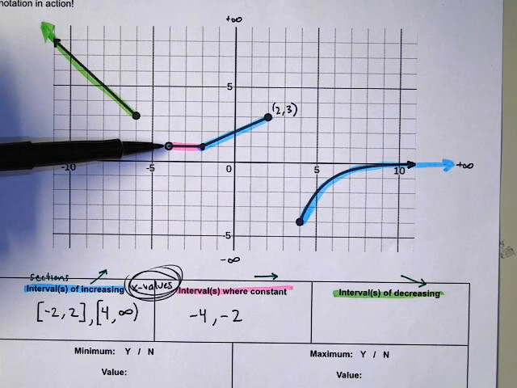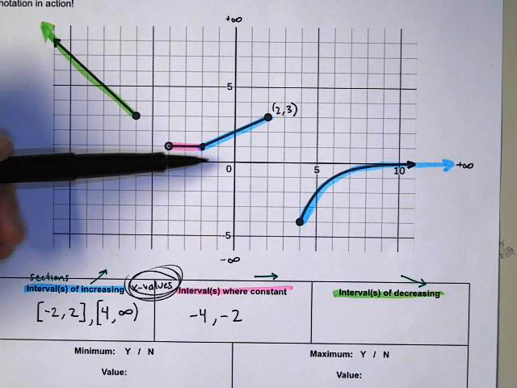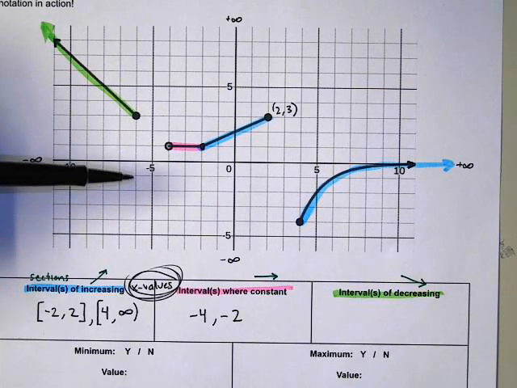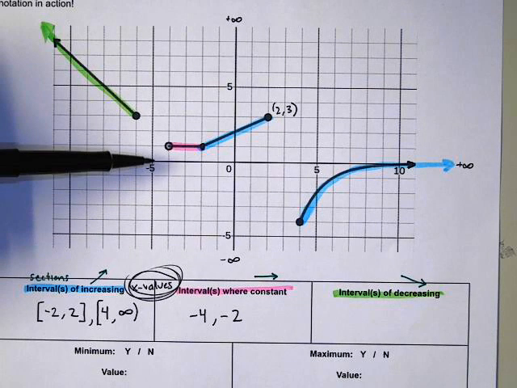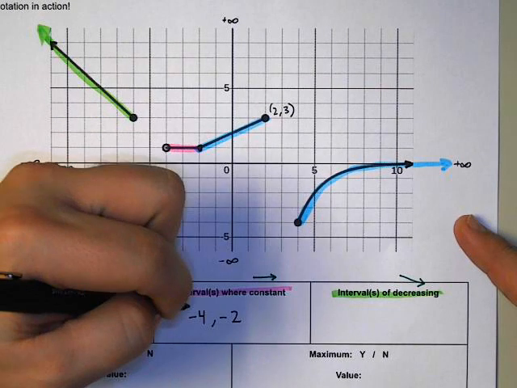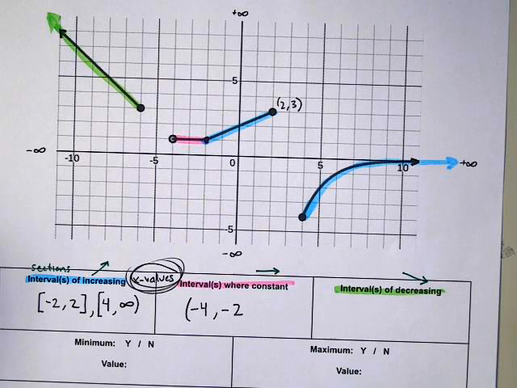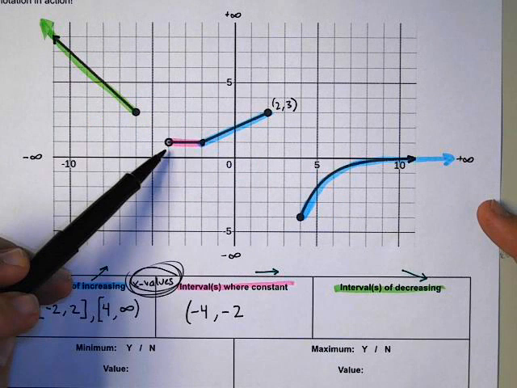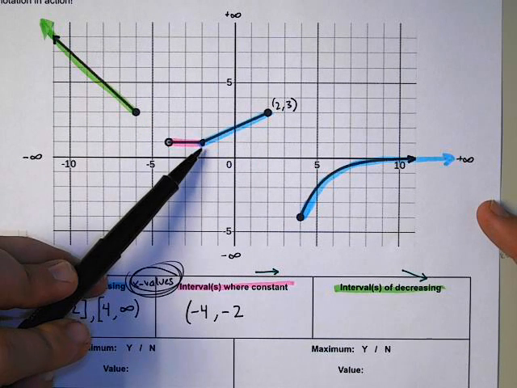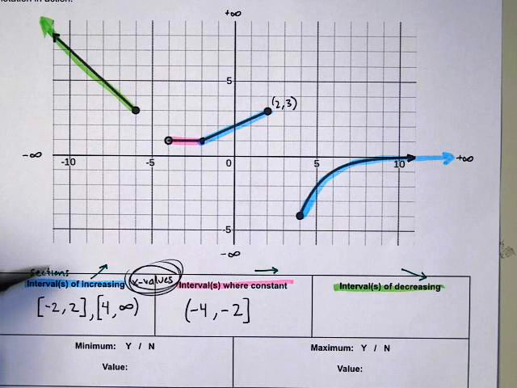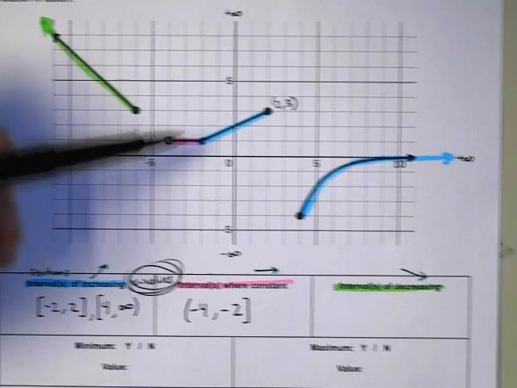I can get super close, but I can't actually ever get to -4 as an x value. I could get to like -3.999999999999999 and on and on and on, but I can never get to -4. And so we put a parenthesis. It can't ever reach -4. However, on the other side, oh, there's a point there, right? And so, once again, similar to our other ones, we use a closed bracket because there's that point there.